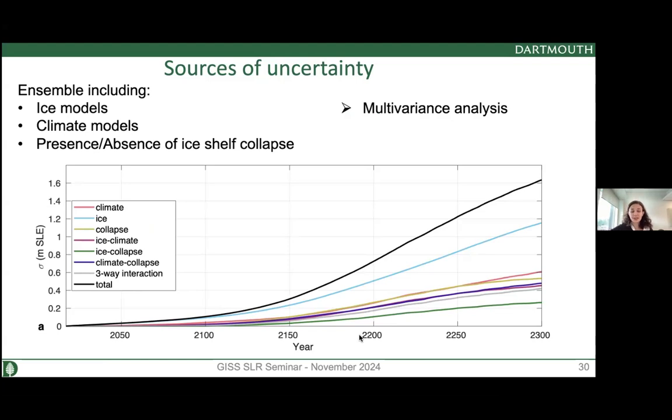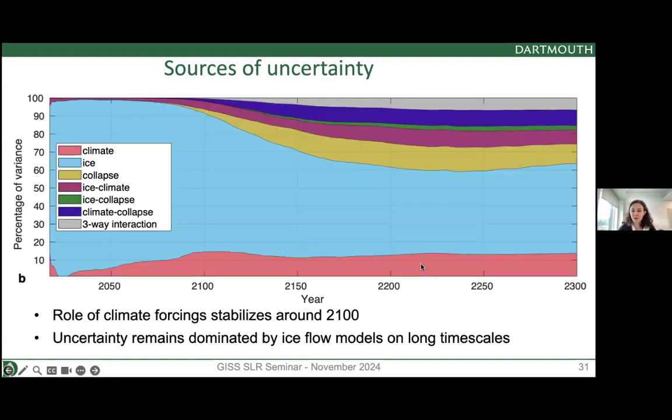So 2300, we see, as I was saying, the increase in uncertainty and the variance, mostly dominated by the ice models. And then what I was talking about is that the role of choice of climate models had increased until 2100, but then uncertainty coming from climate forcing stabilizes around 15% and remains so until 2300.